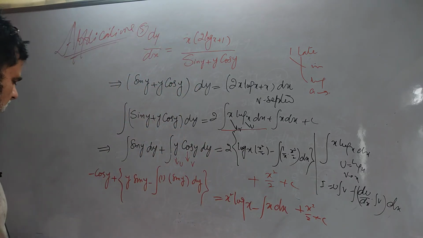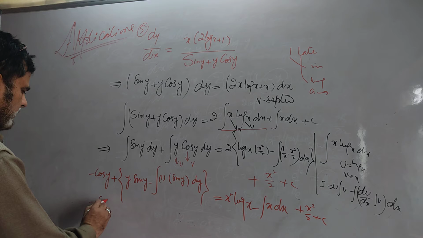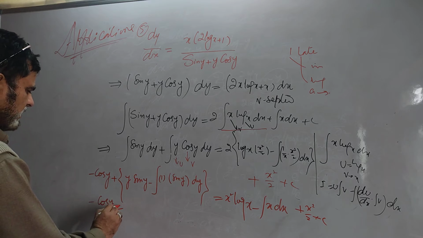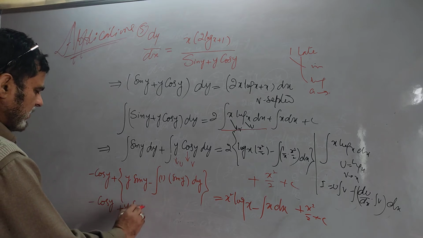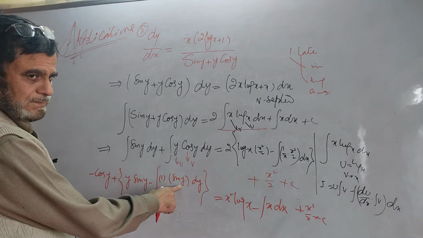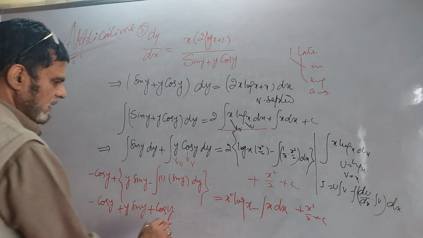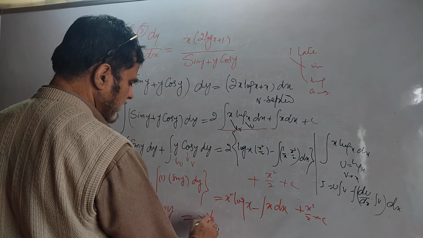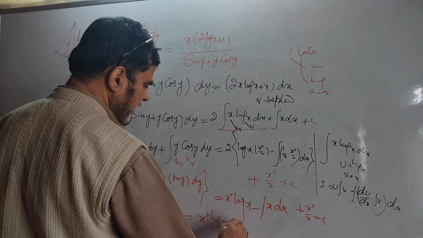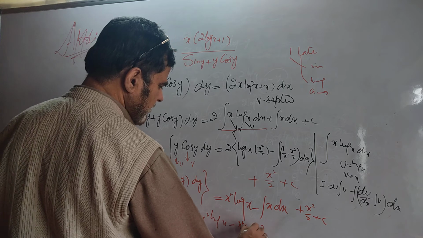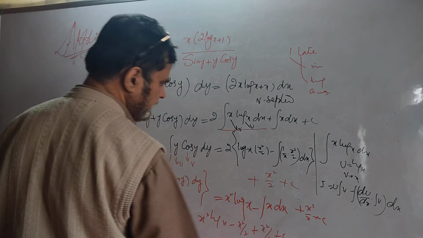Okay, now look here, it is your minus cos y, this is plus y sin y, the integral of sin y, minus cos, this will be plus cos y, then this is x square log x minus x square by 2 here, plus this is also x square by 2 plus c.